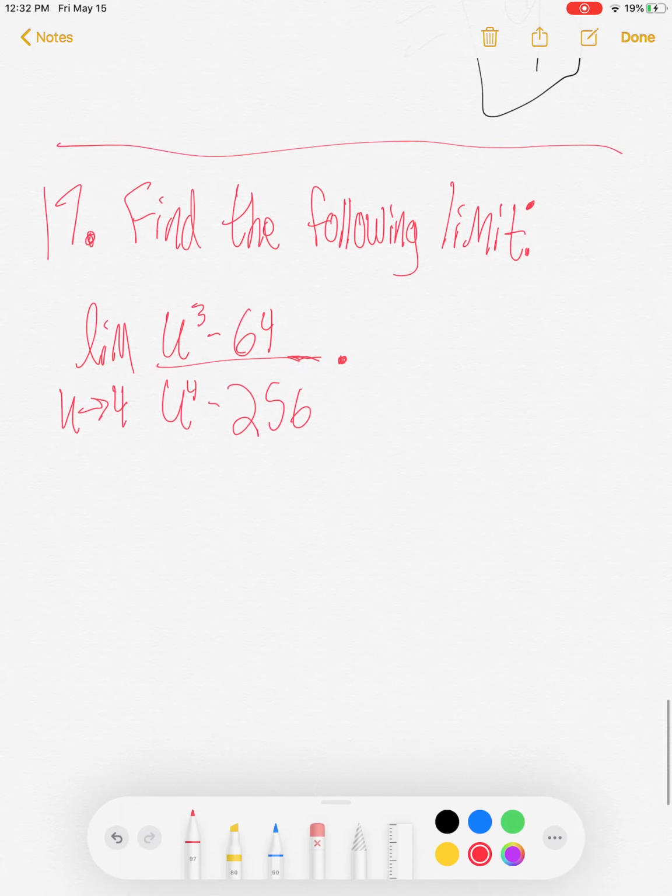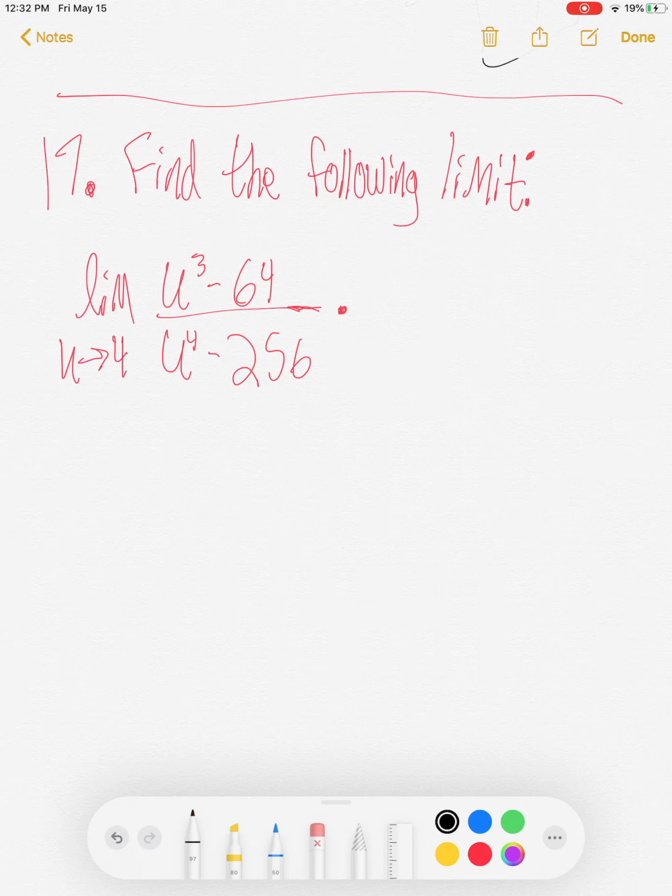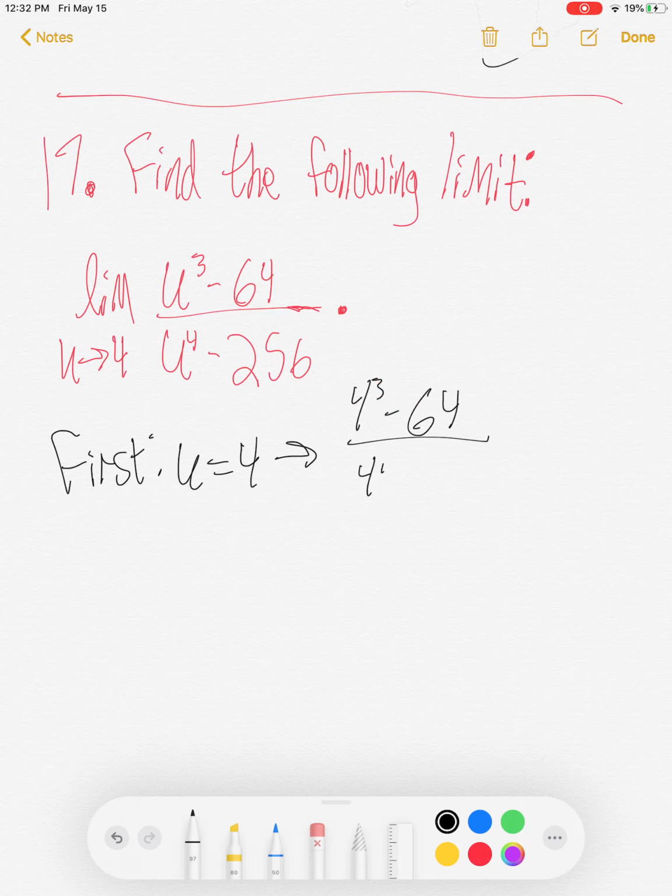Okay, well, just like before, the first thing I want to do is plug in u equals 4. So u equals 4 gives me 4 cubed minus 64 over 4 to the 4th minus 256. And as everybody knows off the top of their head, 4 to the 4th is 256, right?